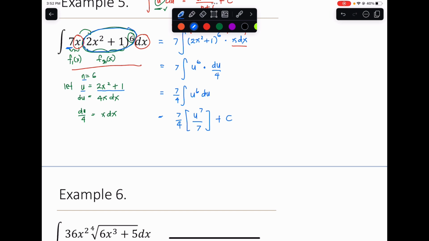The 7s cancel out, leaving just 1/4 u raised to 7 plus c. But then we need to transform it back. Since u is 2x squared plus 1, this is the same as 1/4 times (2x squared plus 1) raised to 7 plus c.